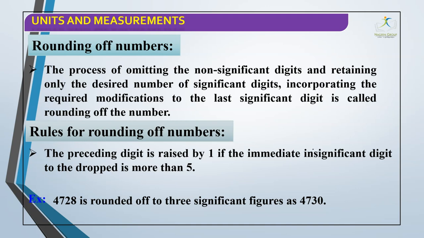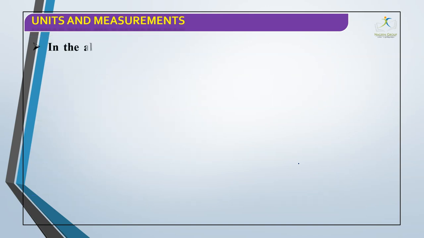Because as you can see, it is rounded off to nearly 30, and we know that the 0 after a non-zero digit is non-countable. That's why we say they have 3 significant figures.